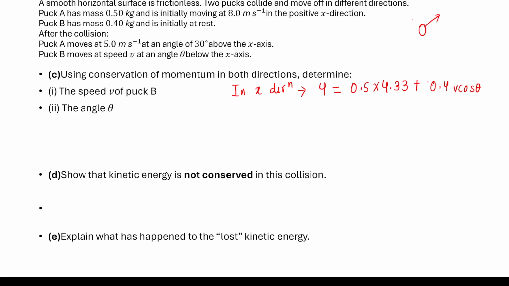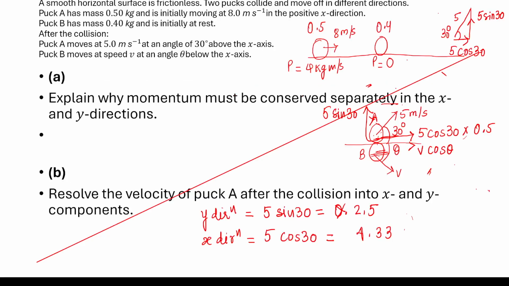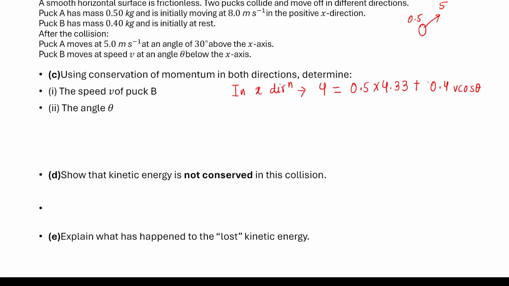So this is 0.5, and the velocity is 5 at 30 degrees, and then this one is v at theta. So this velocity would be v cos theta, and this one would be v sin theta. Okay, now I'm just solving for this. So this will give me 4, sorry, I'm just simplifying this.